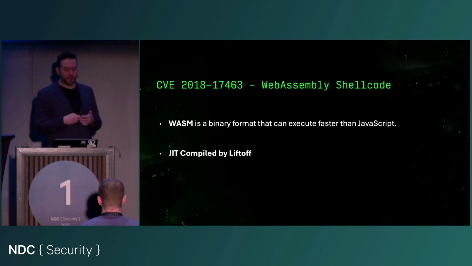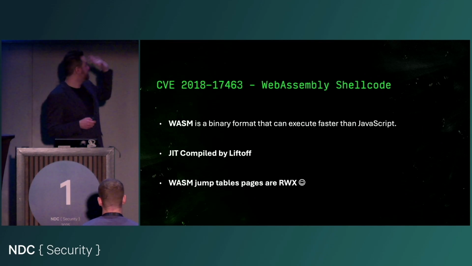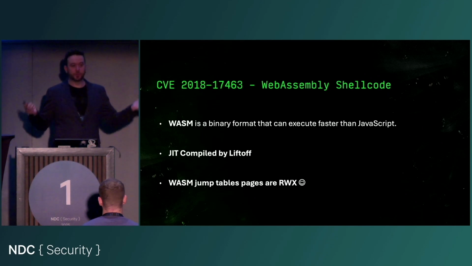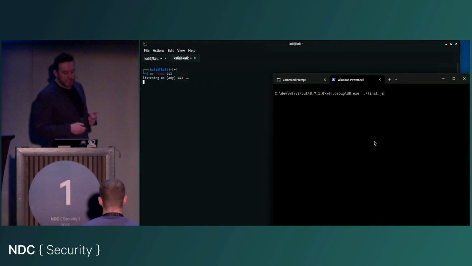And it's compiled by Liftoff, which is another V8 component. And again, this bug is from 2018. So back then, the WASM jump tables were read, write, and executable. So perfect to hijack code execution. And that's a brief demo of the exploit.